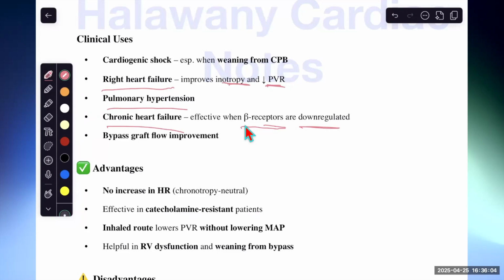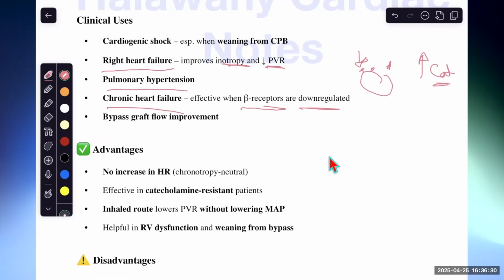Most patients who are in heart failure for a long time have a lot of catecholamines increased in the body. So when you have more stimulus, the receptors will start to go down. The number of beta receptors will be less. So when you are using milrinone, it will not use the beta receptor; it will go directly inside. Okay, and it also has a good effect on bypass graft.